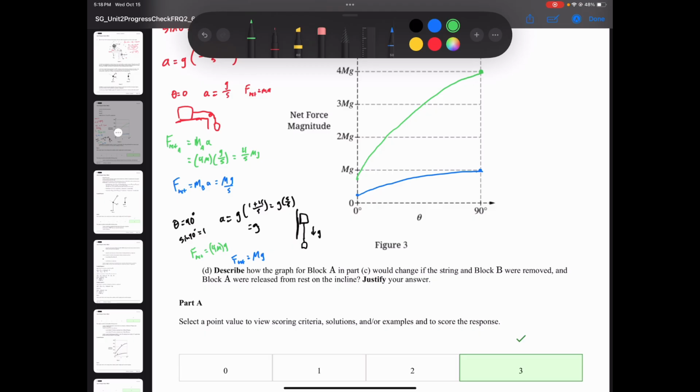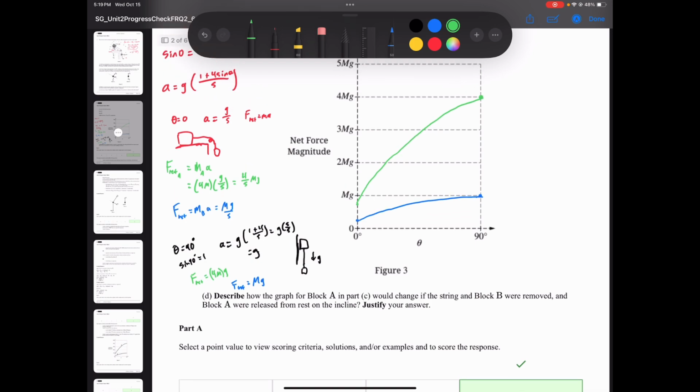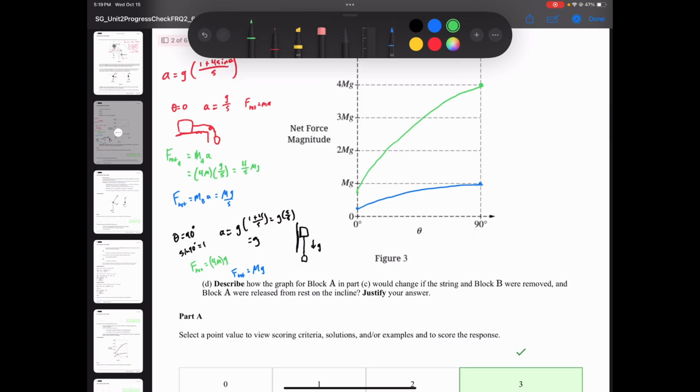For this one, if there's no block B, then the initial acceleration would just be g sine theta. If I look at the original function, 1 plus 4 times sine theta divided by 5, if there's no block B, then the acceleration of the system would just equal g times sine theta.